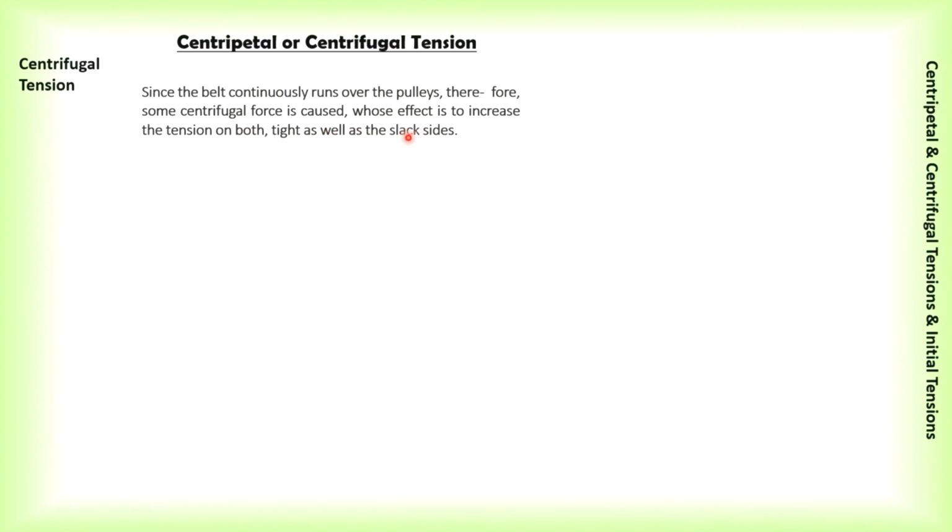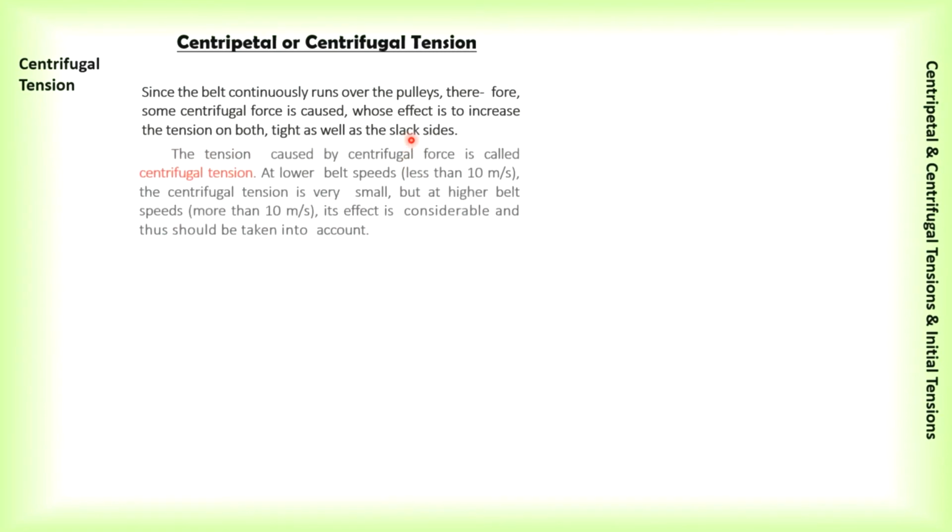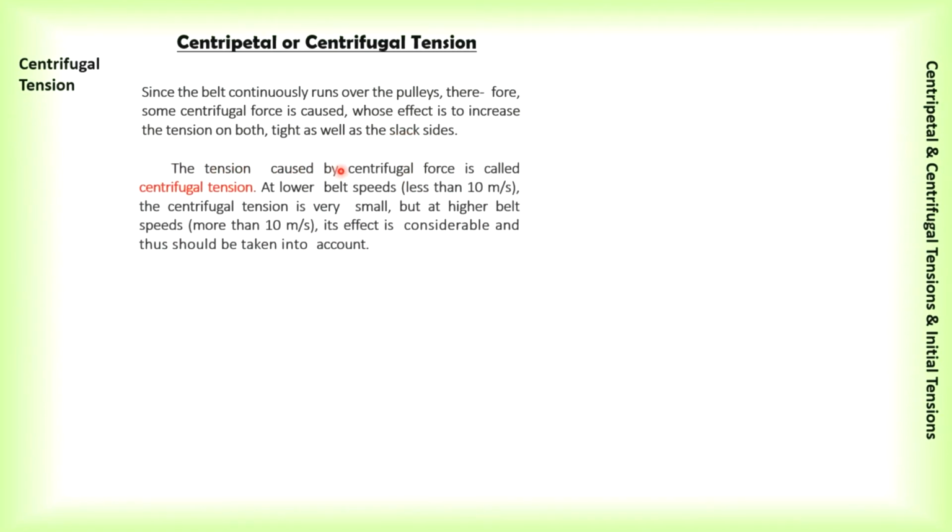That means T1 and T2. The tension caused by the centrifugal force is called centrifugal tension. At lower belt speed, let's say less than 10 meters per second, the centrifugal tension is too small, but at higher belt speed, more than 10 meters per second, its effect is considerable and thus should be taken into account.